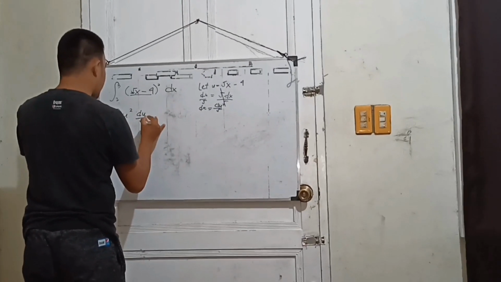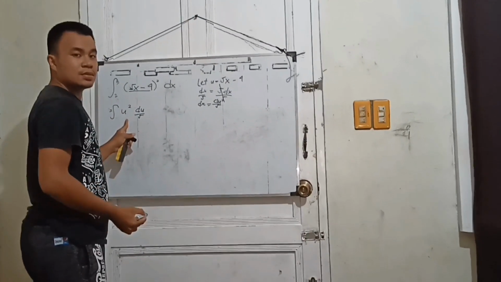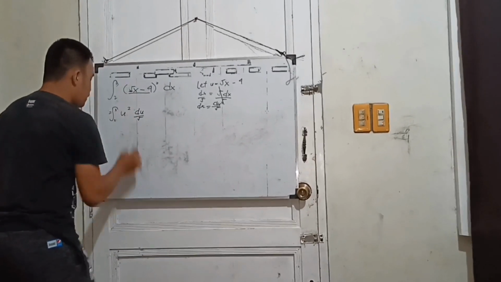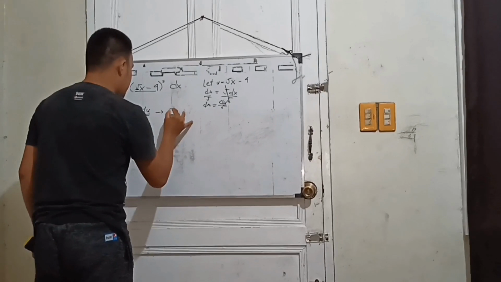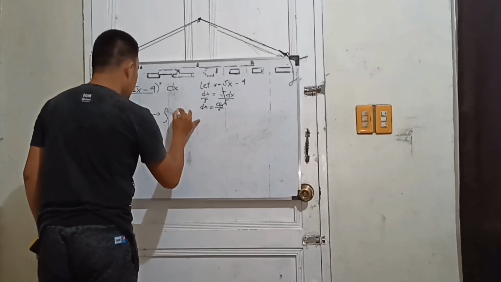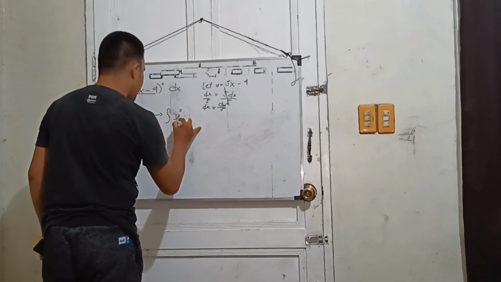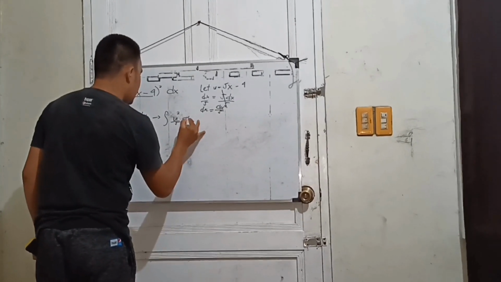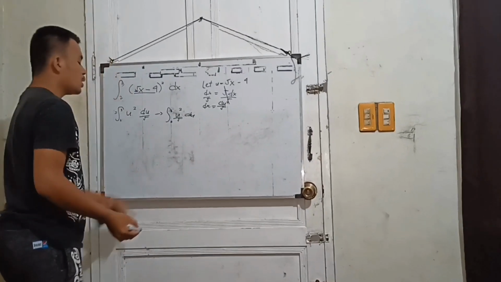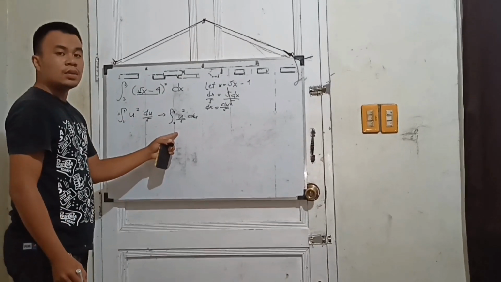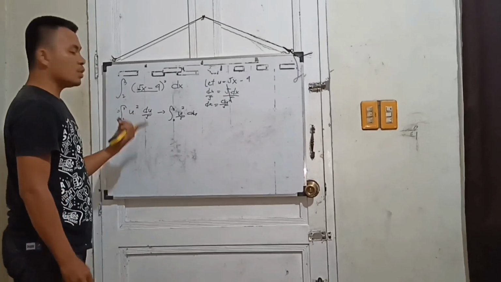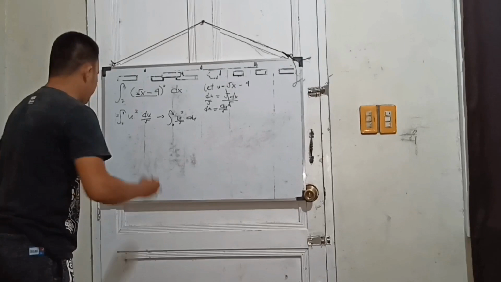We can simplify this expression by becoming the integral of u squared over 5 du from the limit of 2 to 3. Now that we have the simpler version of our expression, we will integrate it.